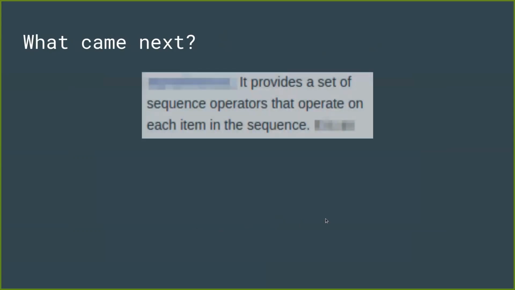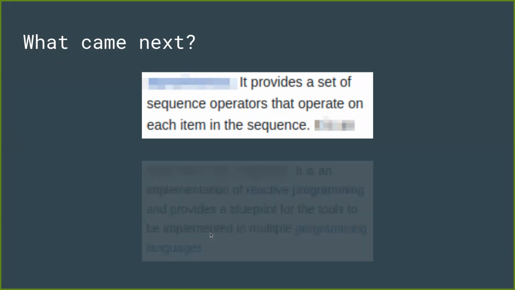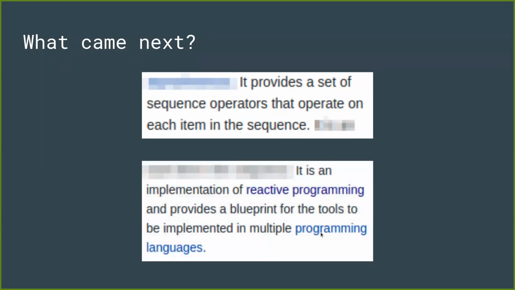It provides a set of sequence operators that operate on each item in the sequence, right? So we have some operators we can use to manipulate the data. And it is an implementation of reactive programming and provides a blueprint for the tools to be implemented in multiple programming languages. So it's a standard, right? Like GraphQL, it's just a standard.